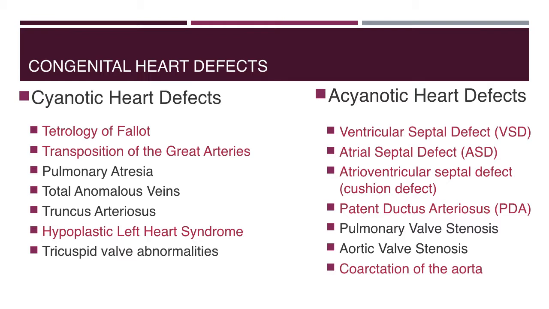Those are the ones that I've asked you to know about because these are the more common defects. The other ones are really interesting too, but I want you to focus on things that you're more likely to see and more likely to get questions about on boards and in your ATI exams.